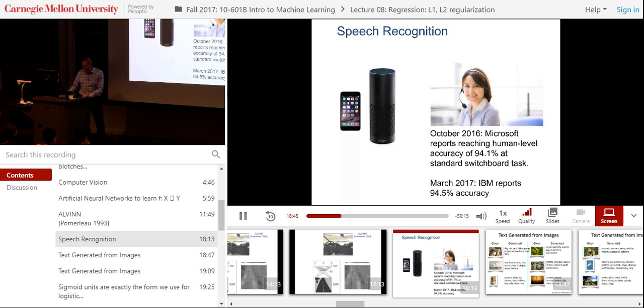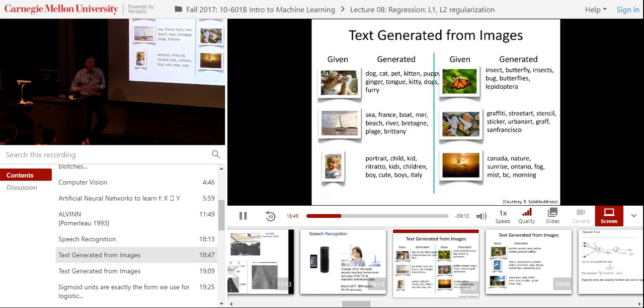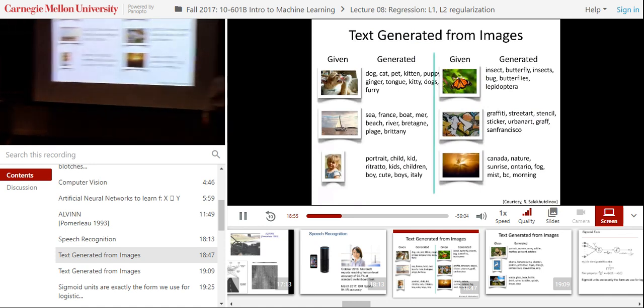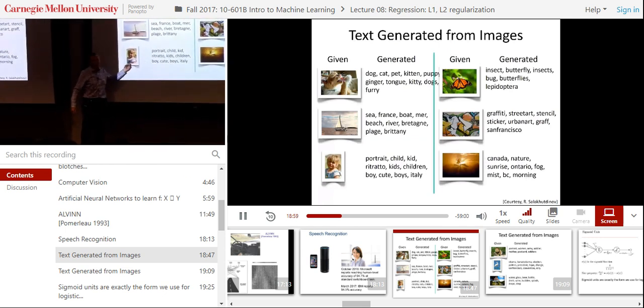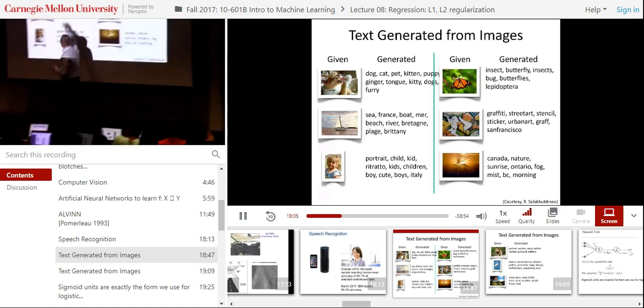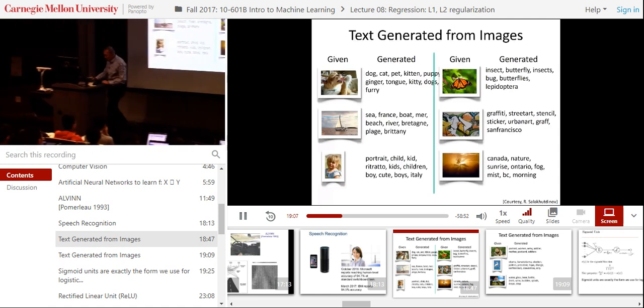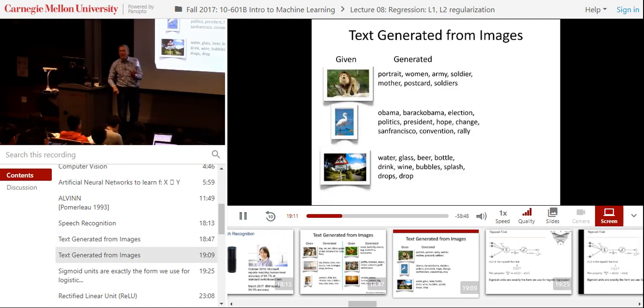That's still far off. We also have things that 10 years ago I never would have predicted, like neural networks trained to assign words to pictures. So that can map from images to text. And in many cases, those do quite well, but not in all cases. So I don't want to give the illusion that neural networks are perfect.